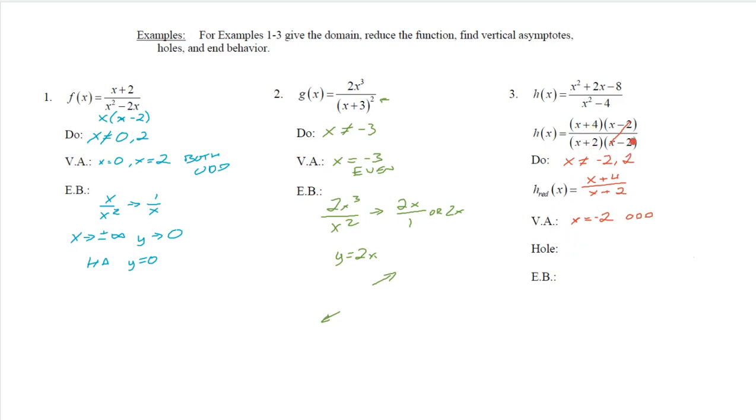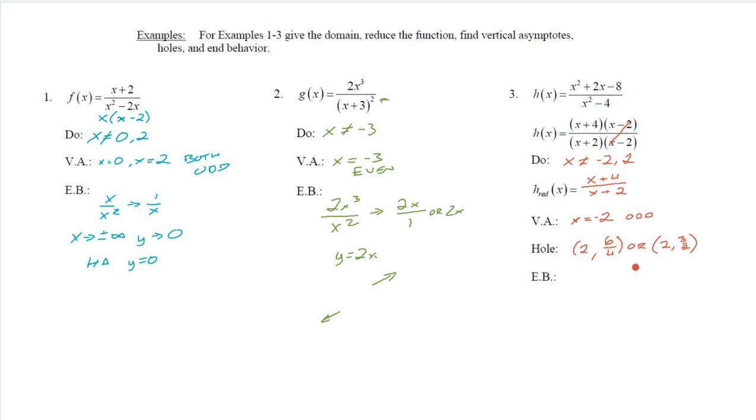We also have a hole. Now this hole is found at 2, and we need to plug that value into our reduced expression. So 2 plus 4 is 6, and 2 plus 2 is 4, so our point would be at 6 over 4. We can reduce that if we want to, which would be 3 over 2. Okay, so that's where our hole is.